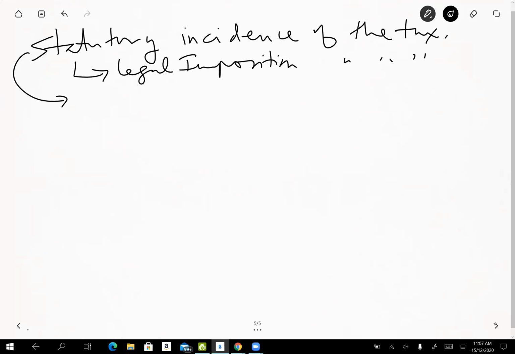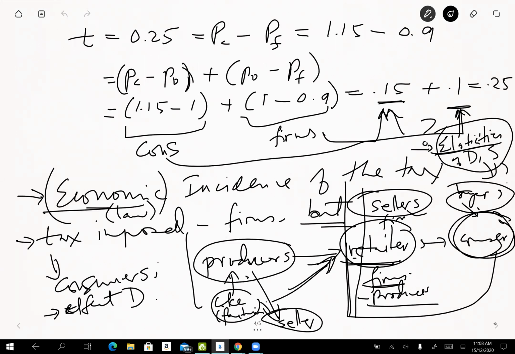In the model that we've been looking at, it is the firms. I said earlier the government can also impose the tax on the consumers. The government says, okay firms, you pay tax, 25 cents. That is the legal incidence, the statutory incidence.